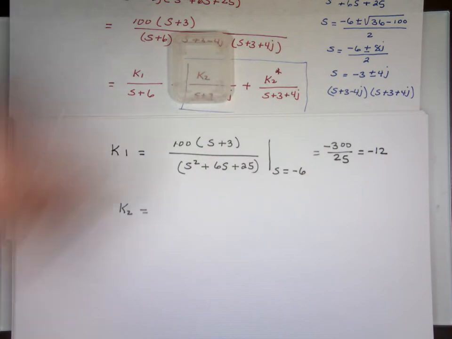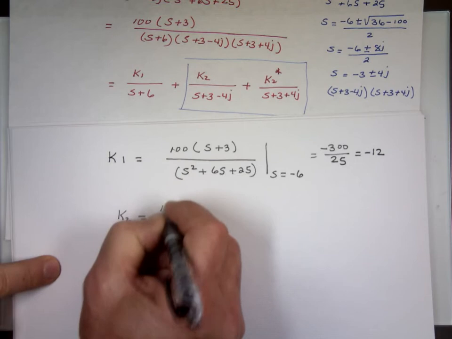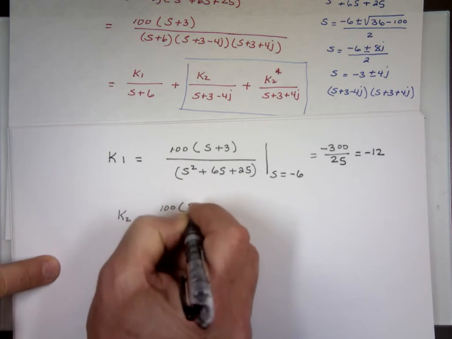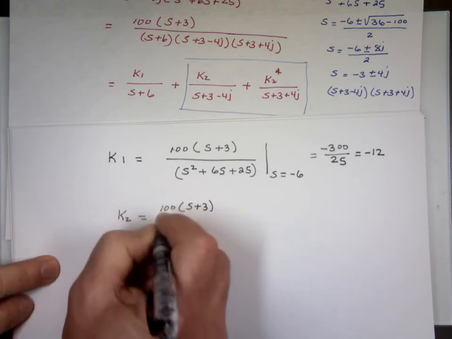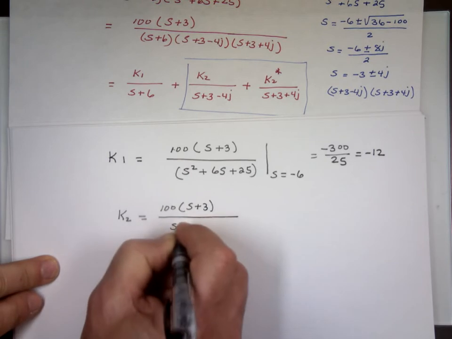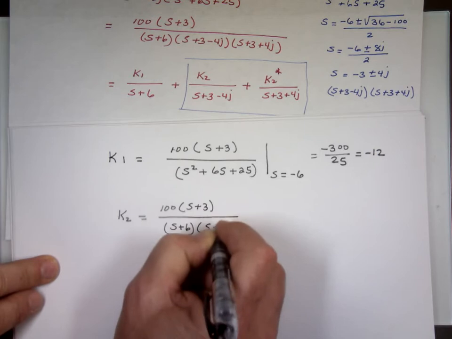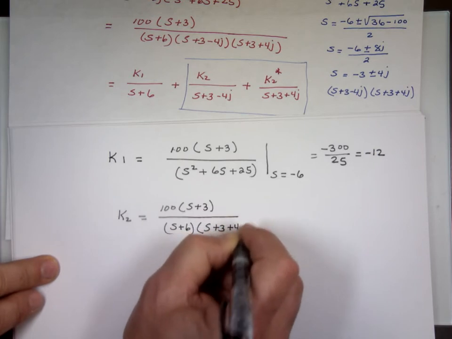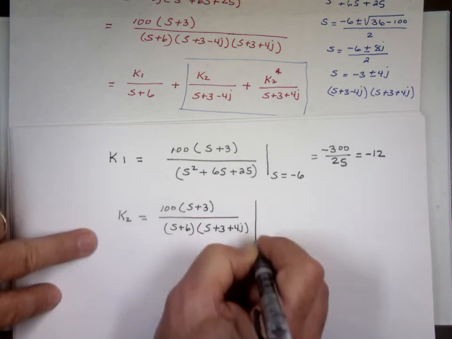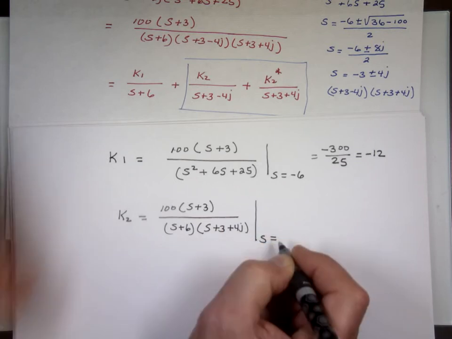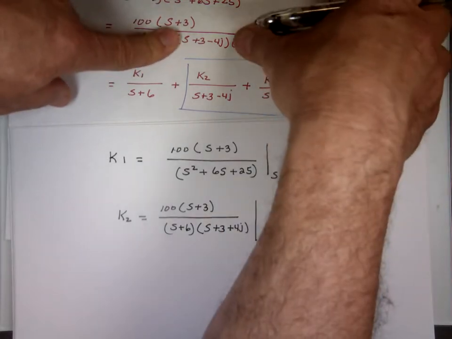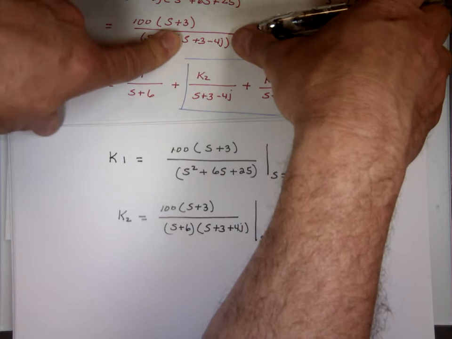So you end up with what? 100 (S plus 3) over (S plus 6) times (S plus 3 plus 4j). And you want to find that when S equals what? What value makes this one 0? Negative 3 plus 4j?